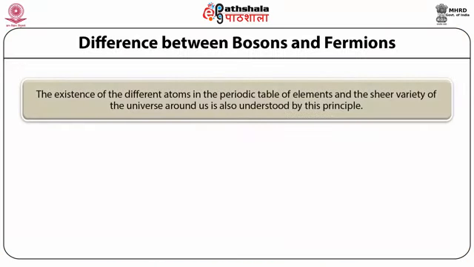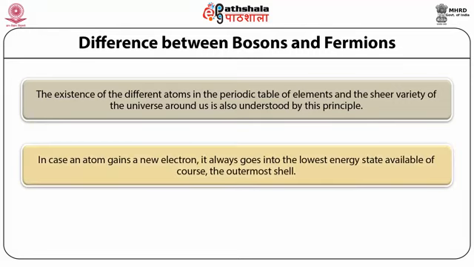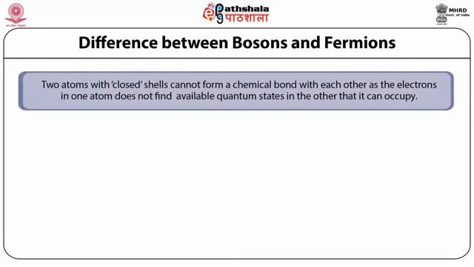The existence of the different atoms in the periodic table of elements and the sheer variety of the universe around us is also understood by this principle. In case an atom gains a new electron, it always goes into the lowest energy state available, of course, the outermost shell. Two atoms with closed shells cannot form a chemical bond with each other, as the electrons in one atom do not find available quantum states in the other that they can occupy.